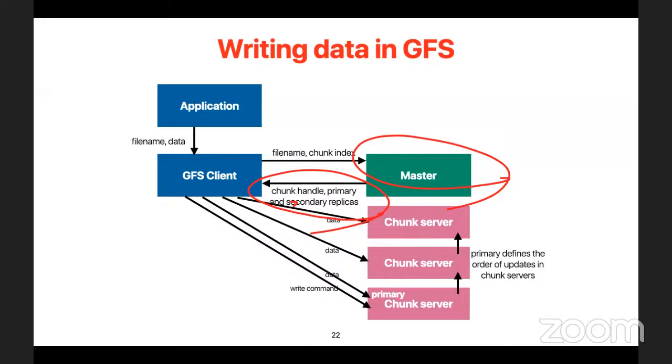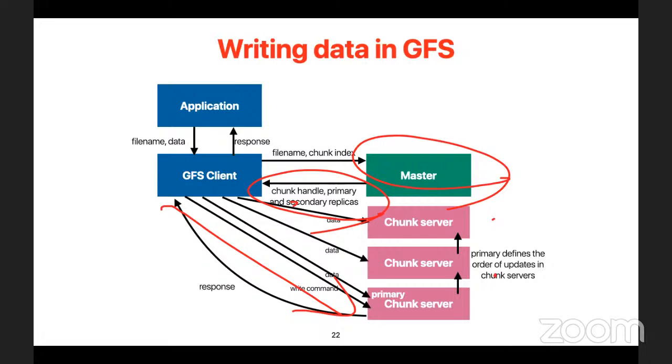So as you can see, there might be cases where, when I finish writing this part, that part is not ready, and this part is not ready. So what if somebody wants to read it?